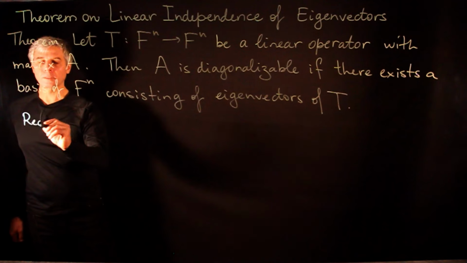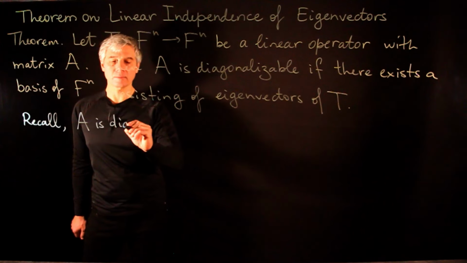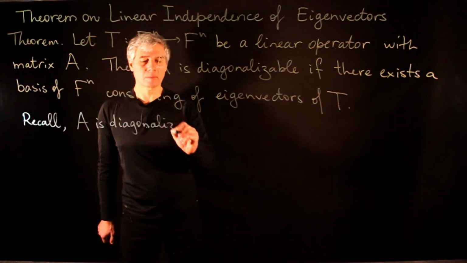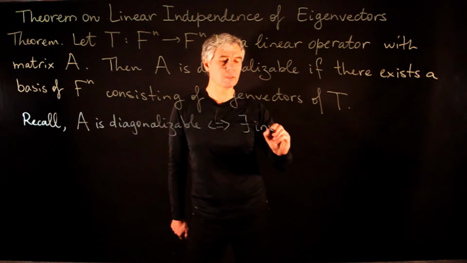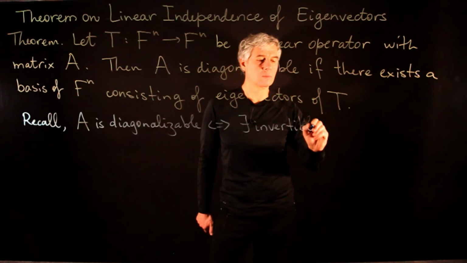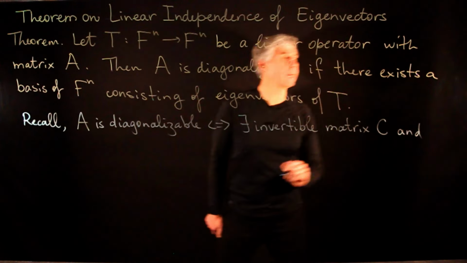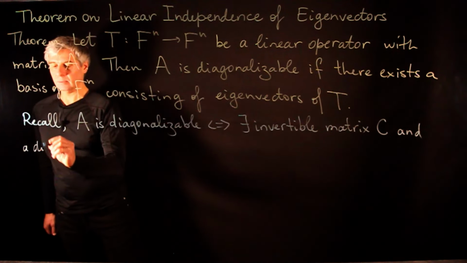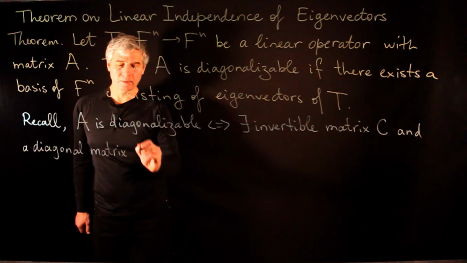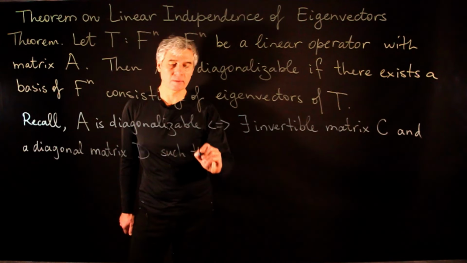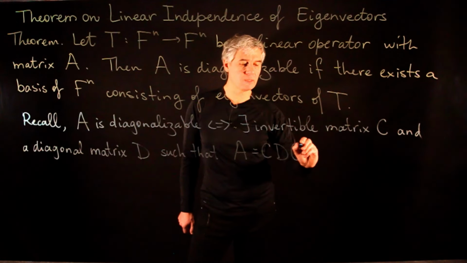And we recall that the matrix A is diagonalizable if and only if there exists an invertible matrix C and a diagonal matrix D such that A is equal to C times D times C inverse.